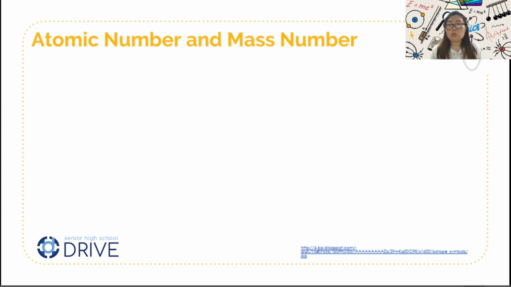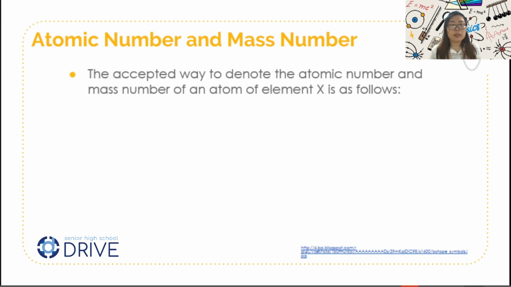Now, let's go to how to denote the atomic number and the mass number. There is a proper way of writing down the mass number and the atomic number of a certain element, especially when it comes to nuclear equations. Okay? So, the accepted way to denote the atomic number and the mass number of an atom of a certain element is as follows.